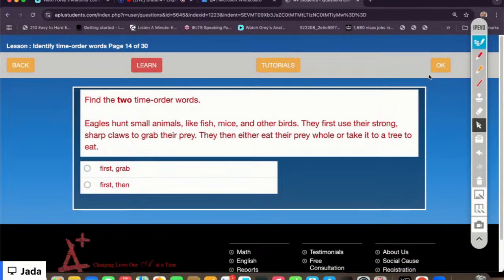Then they either eat the prey, walk, or take it to a tree to eat. Two time other word here. First, then.